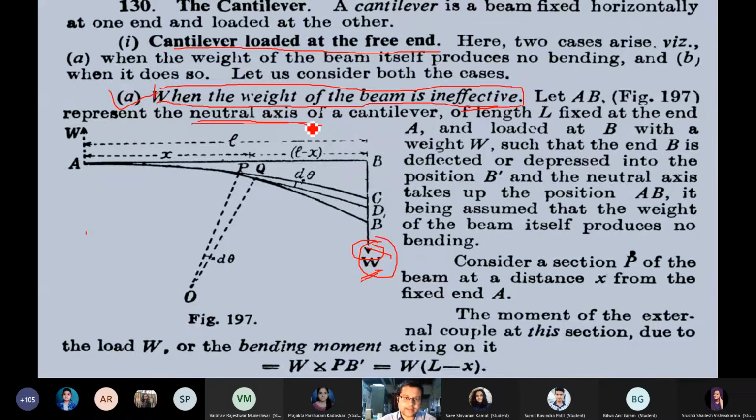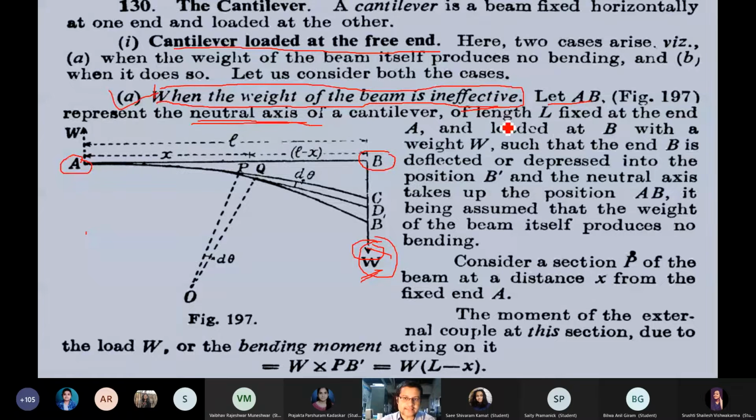Here the beam is bent because we have put a certain weight at one of its ends. Suppose this is AB, where A is one end of the beam and B is the other end, and the length is capital L. Yesterday we defined the neutral axis as the axis that doesn't undergo any elongation or compression; it stays balanced at that axis. That is what we call the neutral axis.